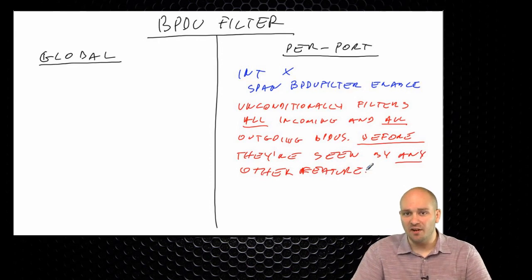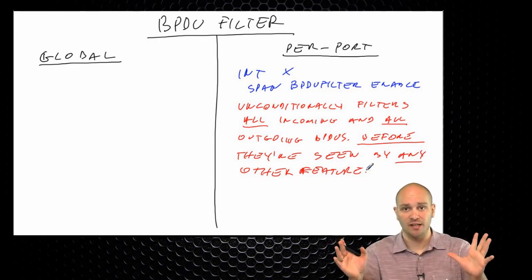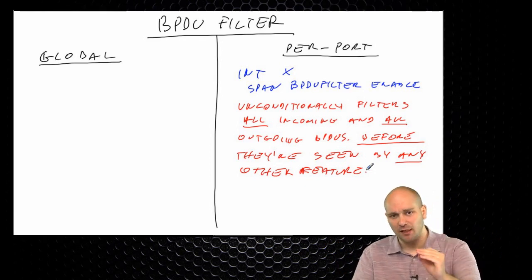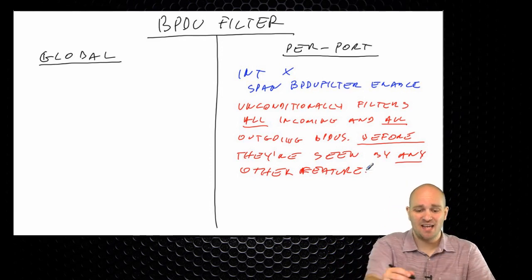This is an equivalent of turning off spanning tree on that port. So this port will not send a single BPDU out, and all incoming BPDUs will be dropped before they are seen by any other feature.